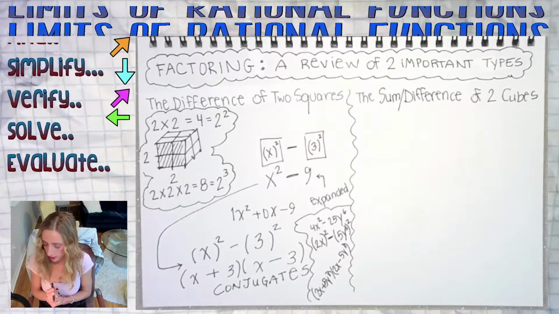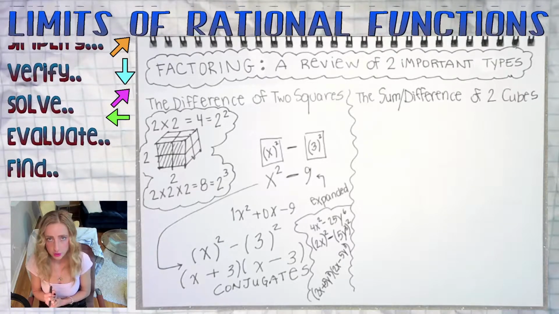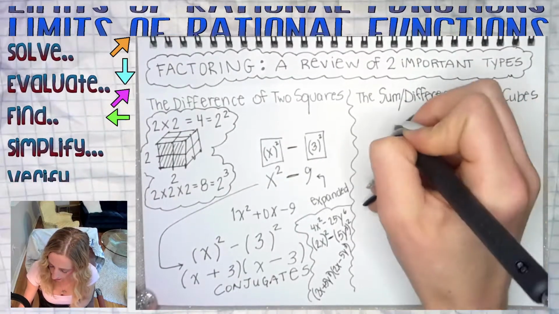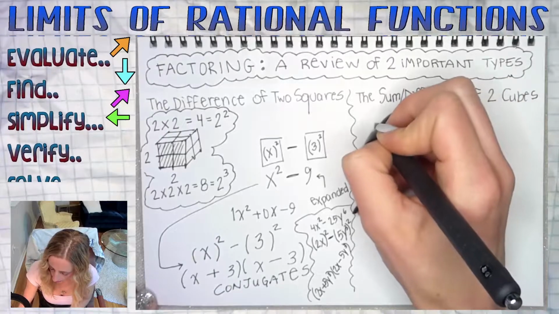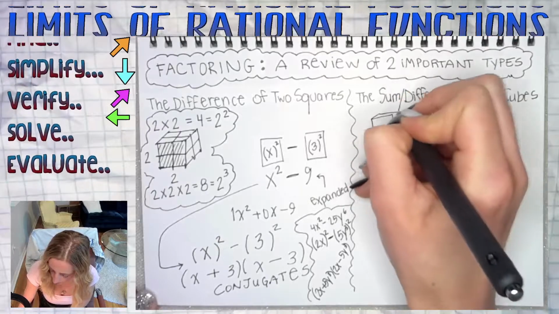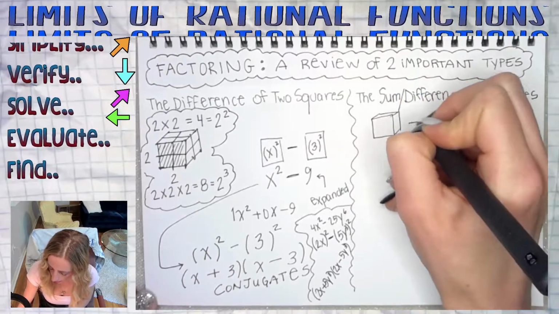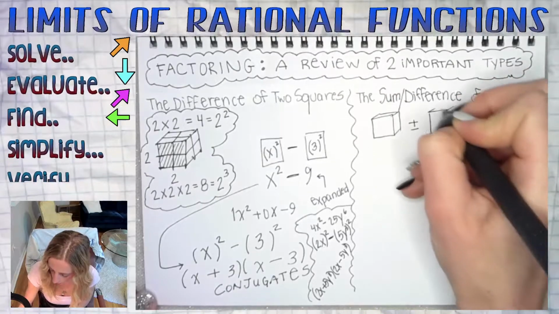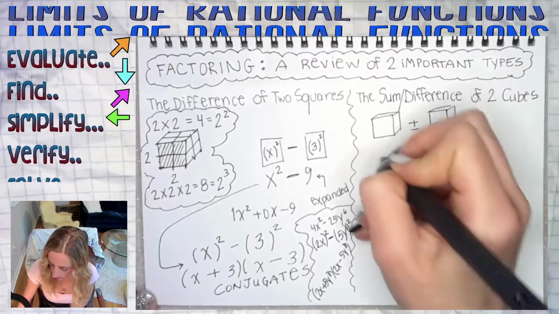All right. Now let's dive into the sum and difference of two cubes. So the sum and difference of two cubes will look quite similar. It's going to be a perfect cube plus or minus a perfect cube. Well, what do we mean? What's a perfect cube?